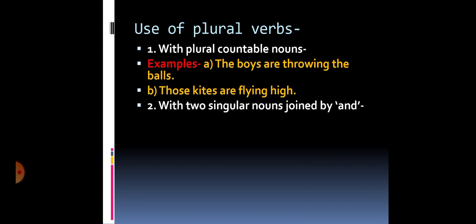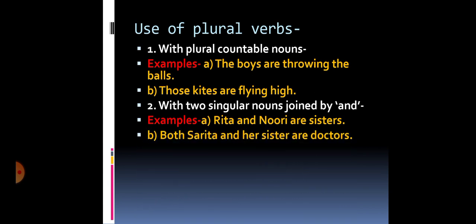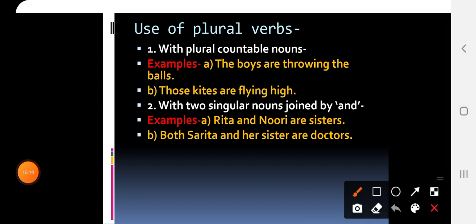Second, plural verbs are used with two singular nouns joined by and. For example, Rita and Noori are sisters. Another example, both Sarita and her sister are doctors. In example A, Rita and Noori.